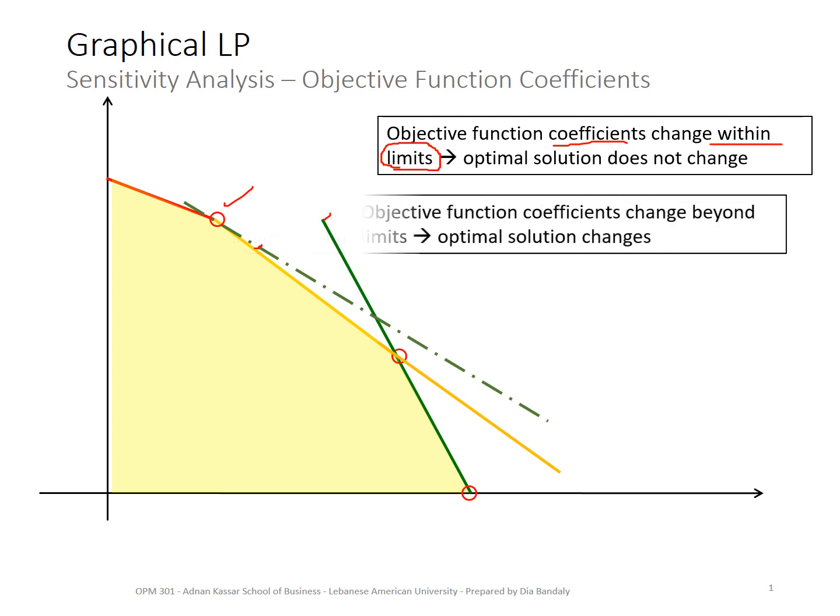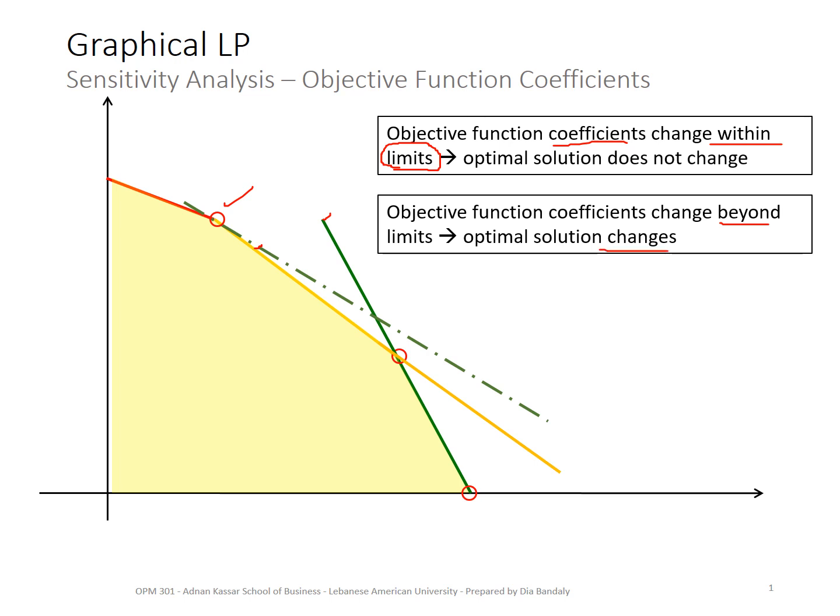And when the objective function coefficients change beyond the limits, which will be values, numbers that we will be reading, not lines anymore, because we cannot use the graphical method if we have more than two decision variables, then the optimal solution changes. It's very important to see that, so that when we are dealing with the sensitivity report with numbers, you'll always remember what you have seen in the graphical method.